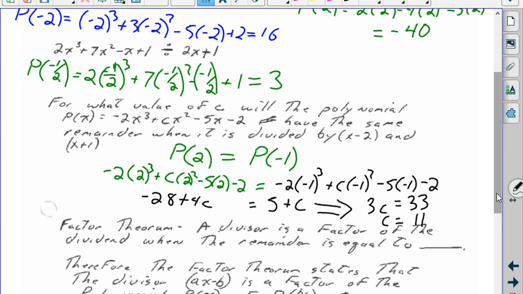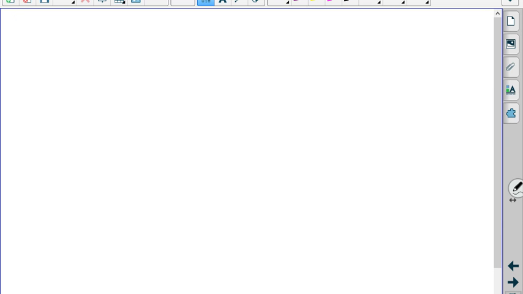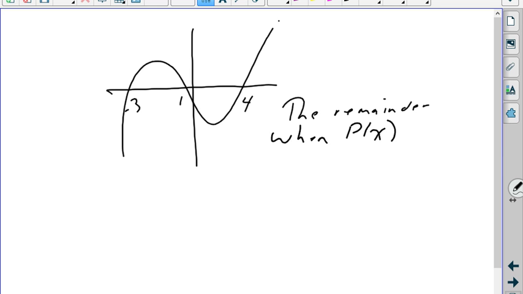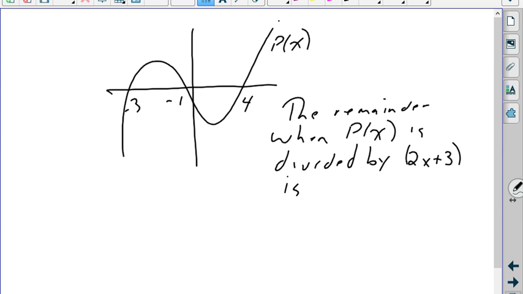There are a couple ways of asking this that I haven't covered. If I give you a polynomial described like this, there's only two possible choices here because I haven't given you any numbers.